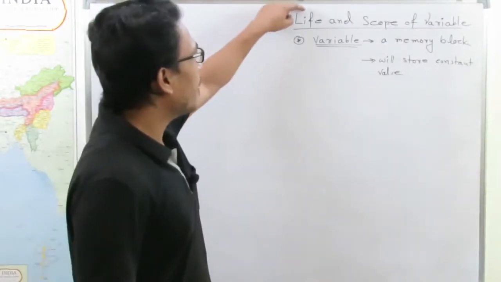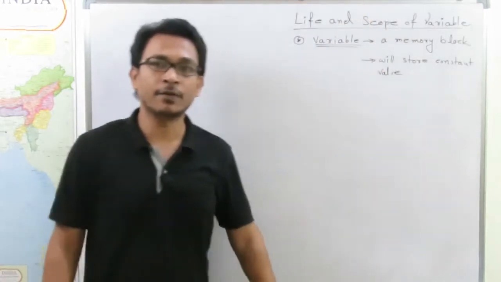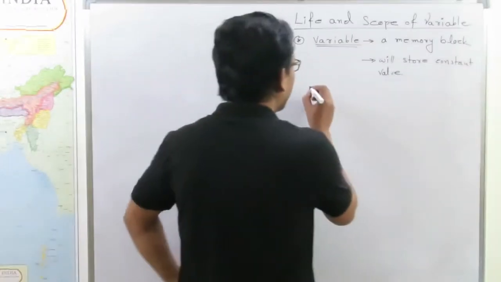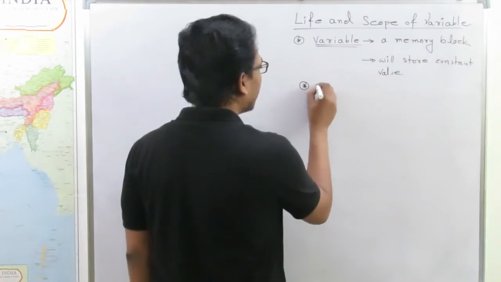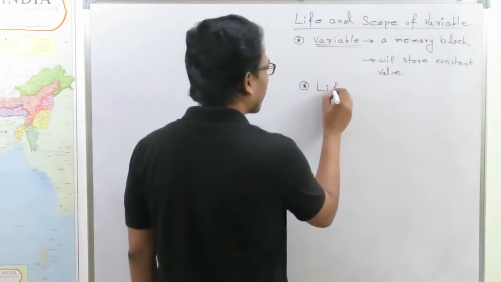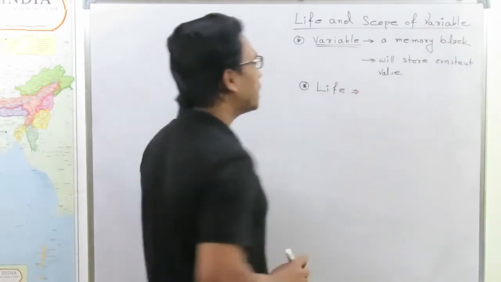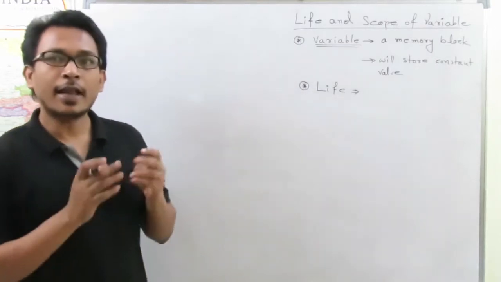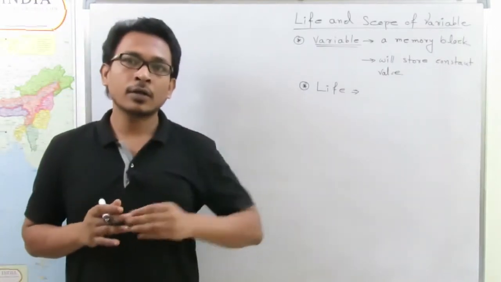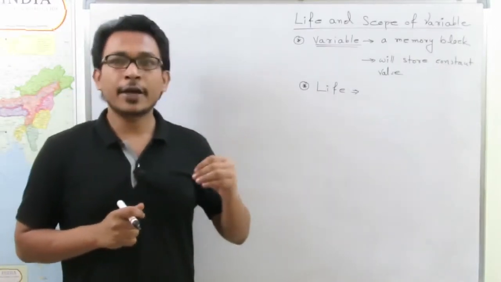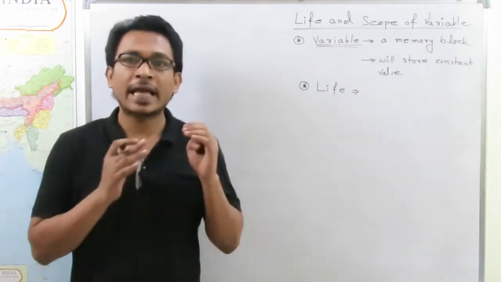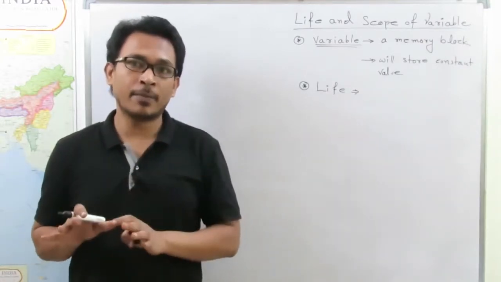What is this life and scope of a variable? Now for life, what does it mean by life of a variable? Life means how long the memory allocated for a particular variable will exist in memory. Clear?